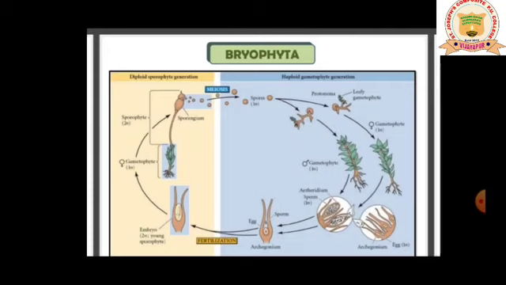The sex organs in bryophytes are multicellular. The male sex organ is called antheridium. The male sex organ which is present in the bryophyte is called antheridium. They produce biflagellate antherozoids. This is very important. See, compared to the algae, bryophytes are a little bit advanced.